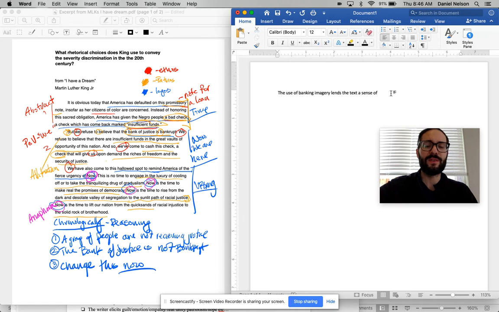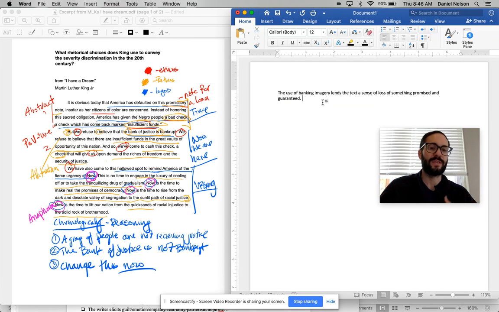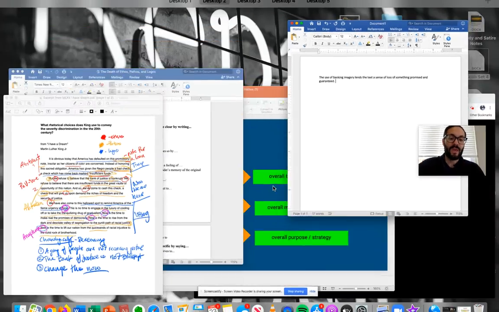It probably lends a sense of the loss of something promised and guaranteed. And if we were to go further in that, we would identify some of those words. We say he chooses promissory notes in order to have that sense of being promised something and that promise not being fulfilled.